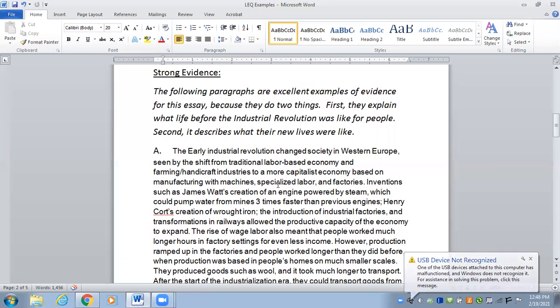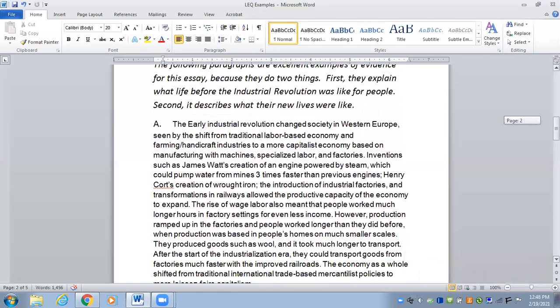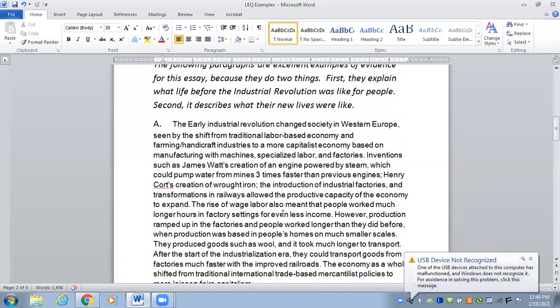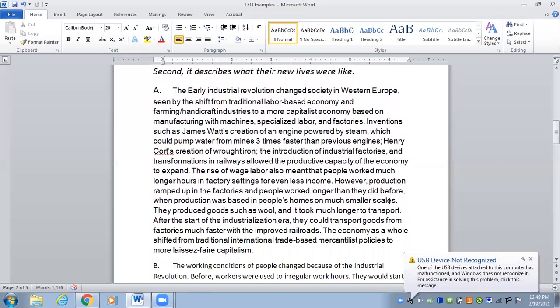So they generally include, although they can include other things, but at some point, they use words like transformation, change, things like this that are clear examples of how things went from one way to the other.